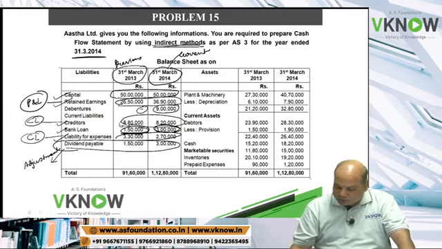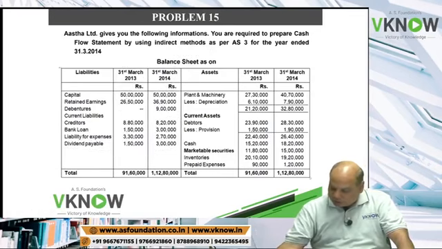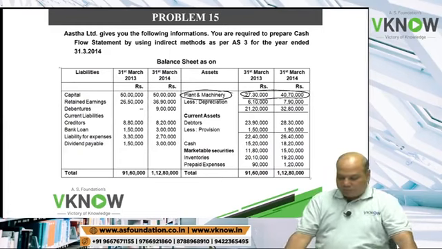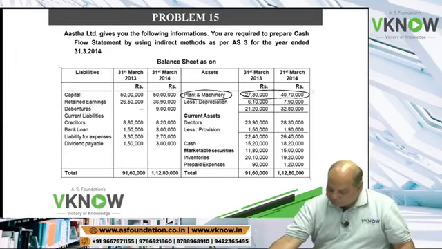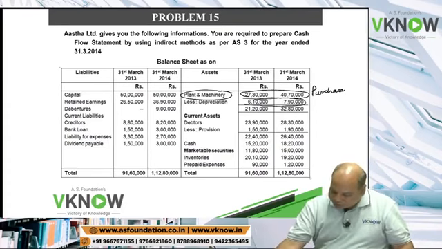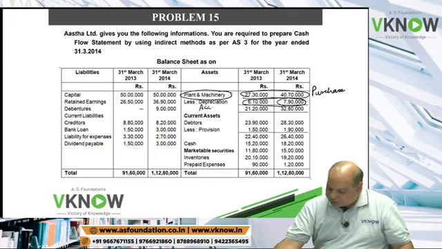This is the liability side. Look at the asset side. Look at the plant and machinery. There is some purchase and this is the accumulated depreciation.